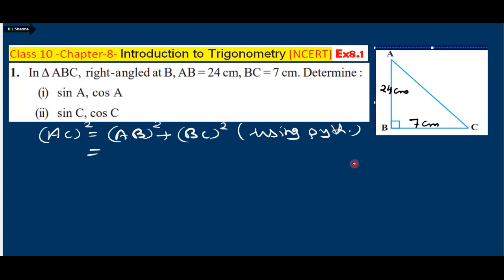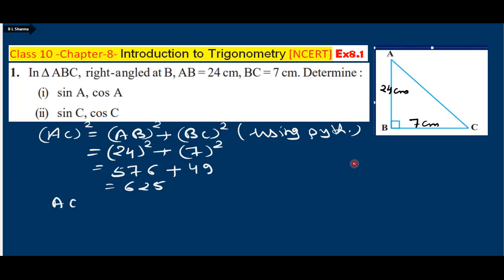So AB is equal to 24 whole square, BC is 7 whole square, it is given. 24 whole square is 576 and 7 square is 49. That is 625.